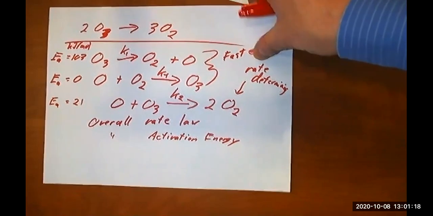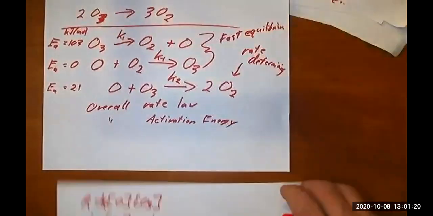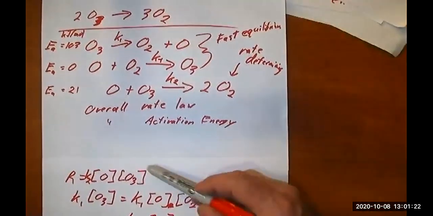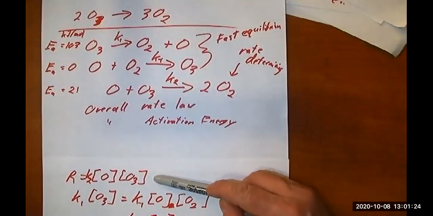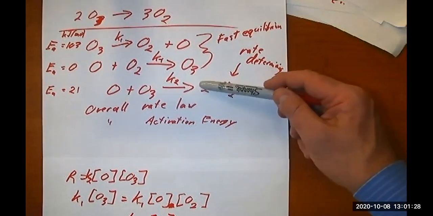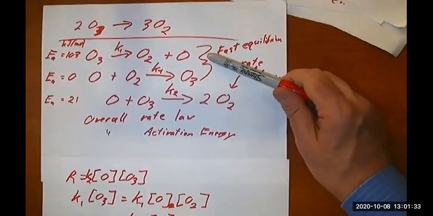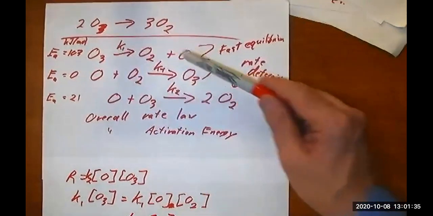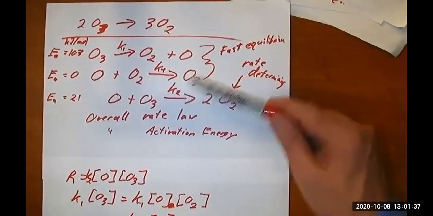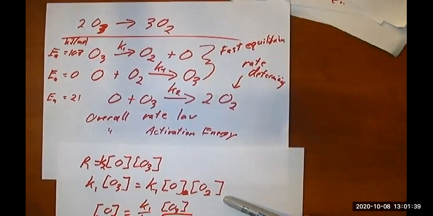So the place to start is with the rate determining step. We get that from the K2 reaction here. We are using the fast equilibrium, so the forward reaction rate has to equal the reverse reaction rate. That's what we have here.